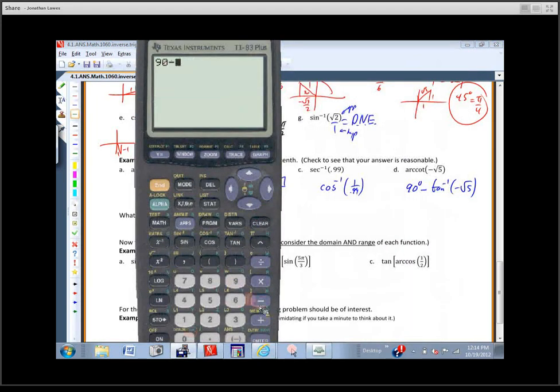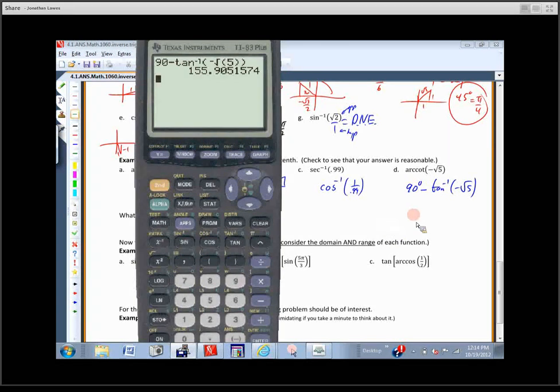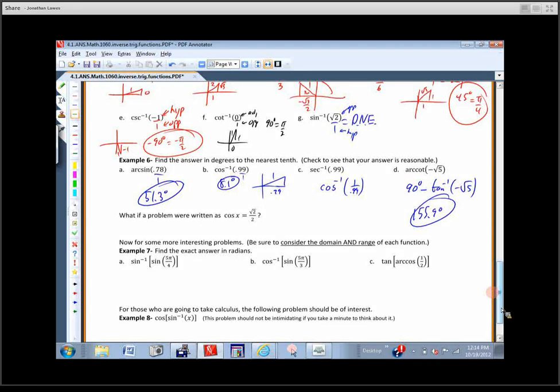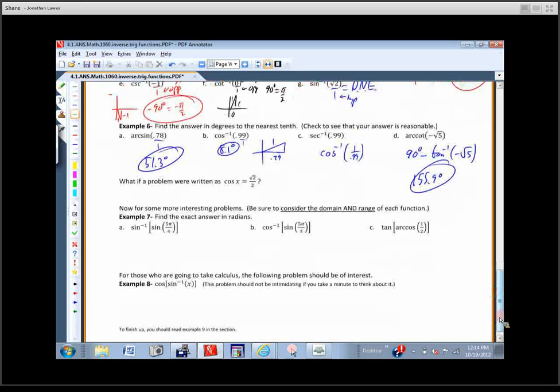We'll do 90 minus tangent inverse of negative radical 5, 155. Okay. All right, and then a couple problems to finish off.